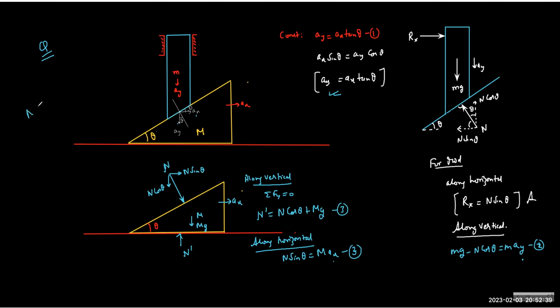So N you're getting as this: g cos theta, only cos theta, upon capital M plus small m sin square theta.